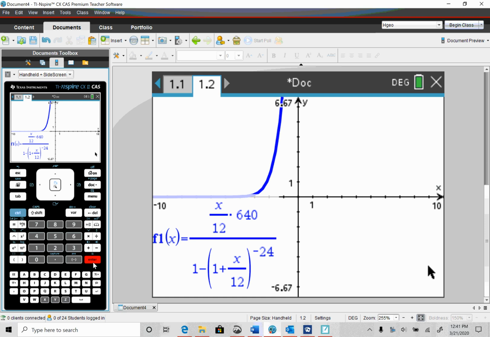Now let's check. The calculator will convert this to the rather tedious way that I had to type it in. Let's check with our lovely little formula there and make sure that everything worked out nice. That's all right. Great. So that's one. How do we solve this by graphing?